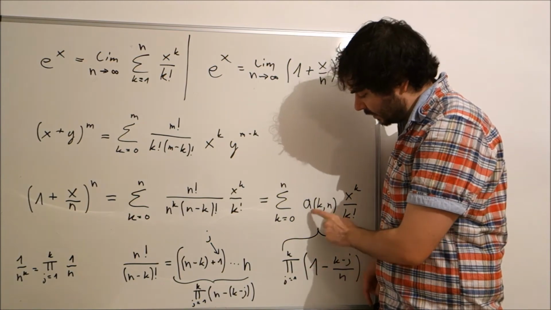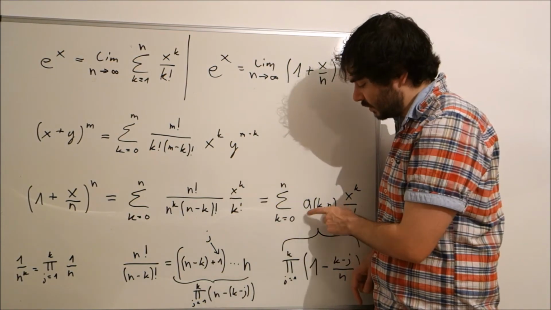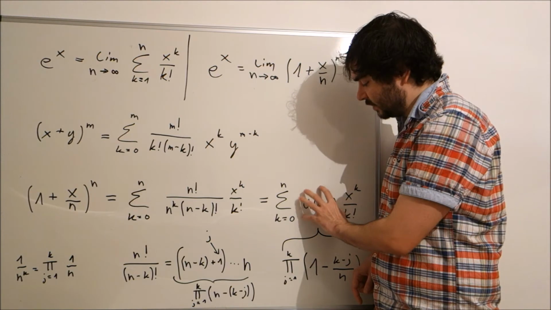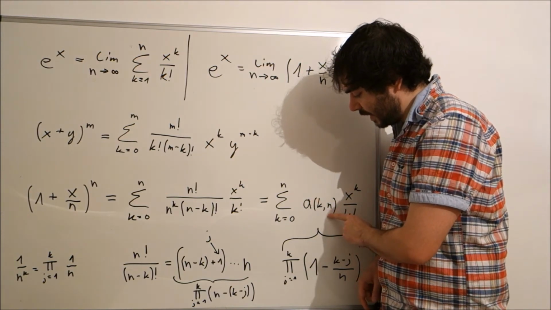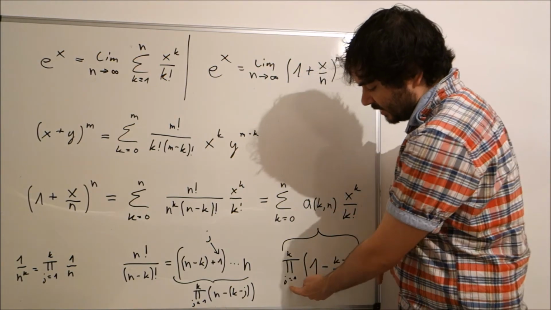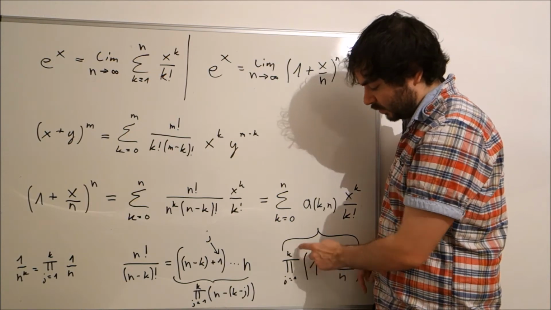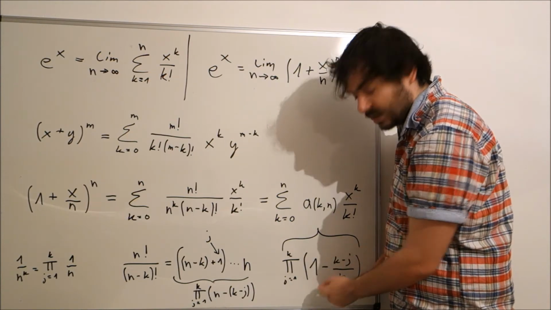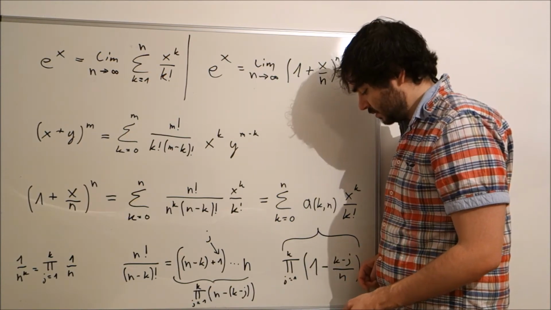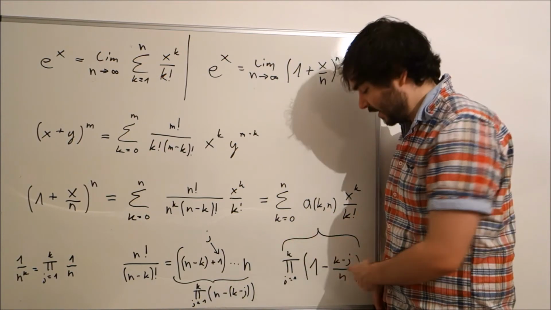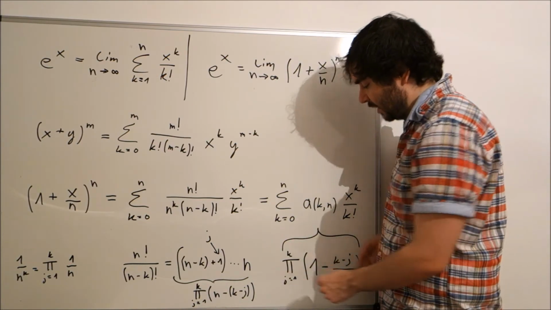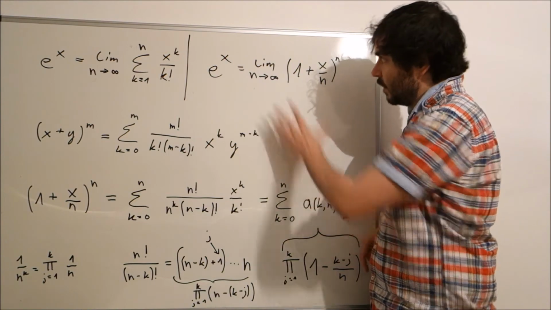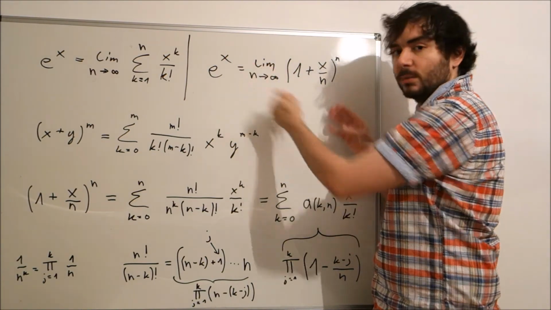So we just figured out the coefficient, this factor a, depending on k and n. It's actually just a product over j from 1 to k of this simple rational number. And there you have it. You can also test it if you take the limit n to infinity of this polynomial.